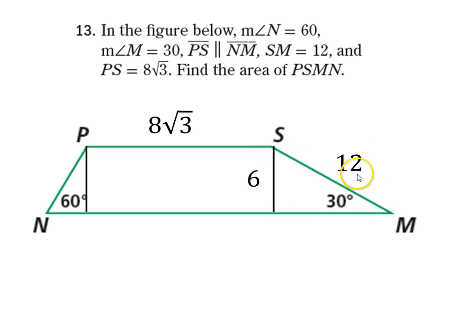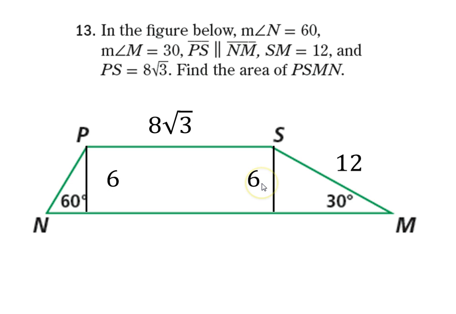So the hypotenuse is 2x. Well, 2x is 12, so x has to be 6, and the shorter leg has got to be 6, which is therefore this side, the height of the triangle. So we know the other height right here is also 6 because that's the height of the triangle also.